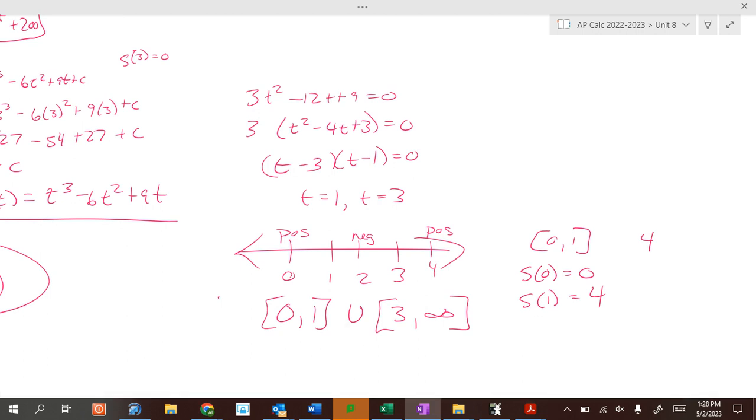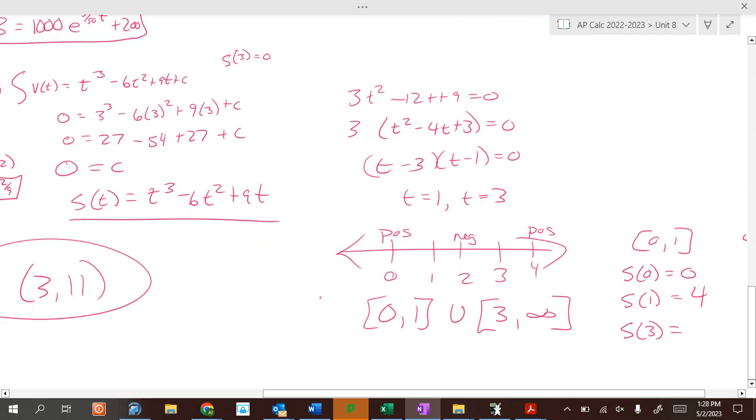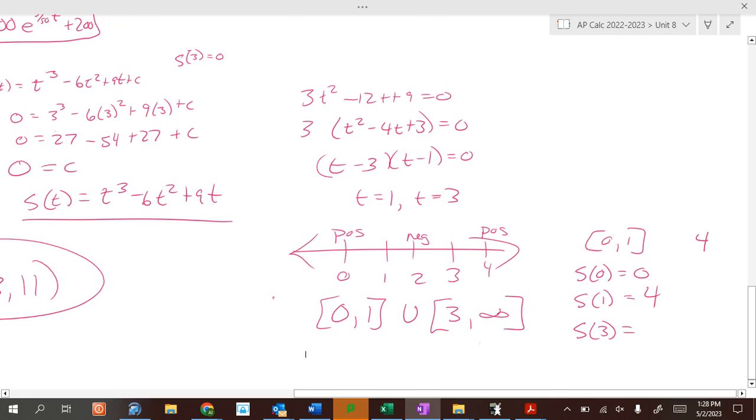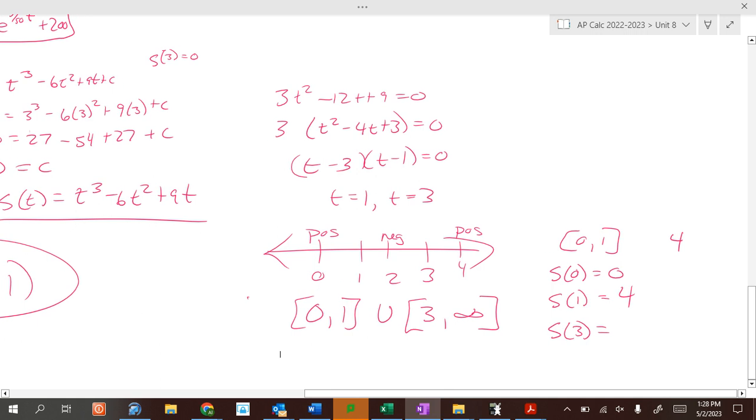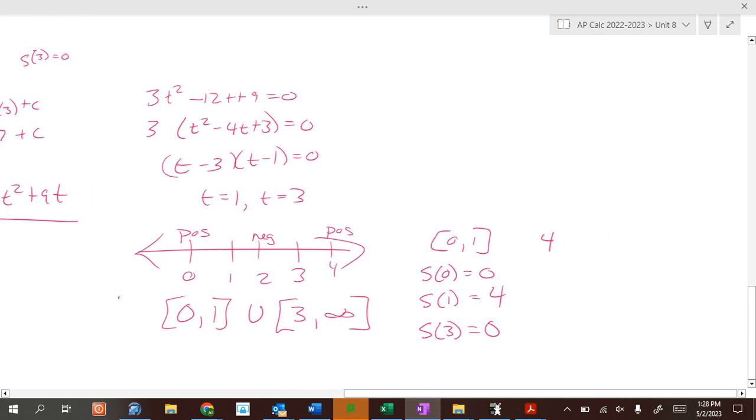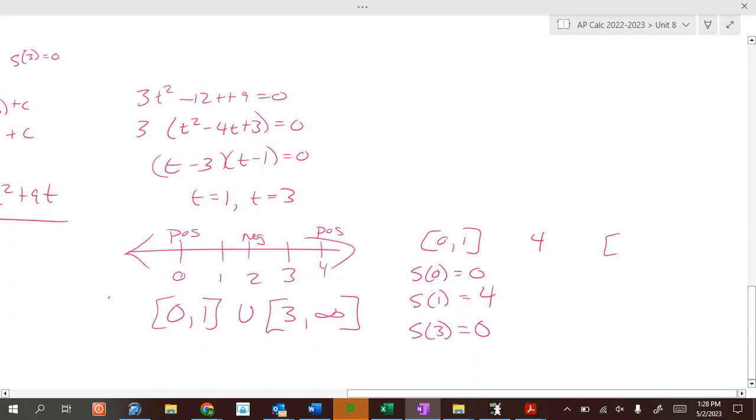Between 1 and 3 seconds, so the position at 3 seconds is 27 minus 54, which is negative 27. That's like 0. So from 0 to 4, so from 1 to 3 seconds, it also goes 4.